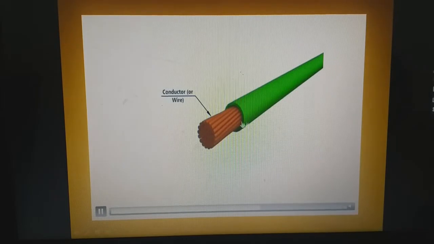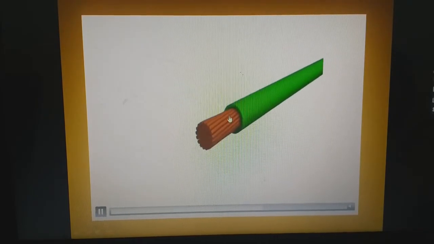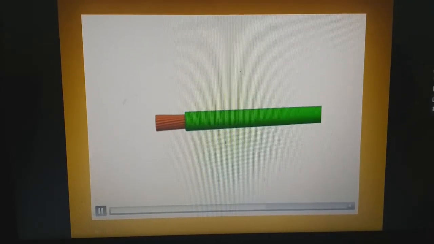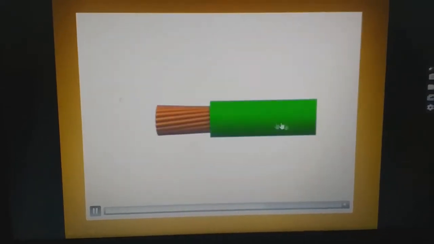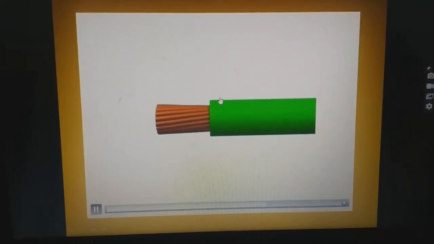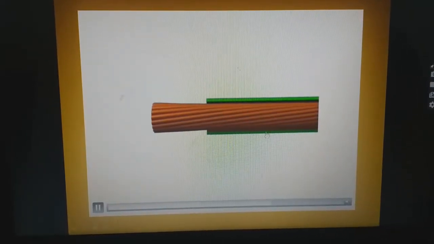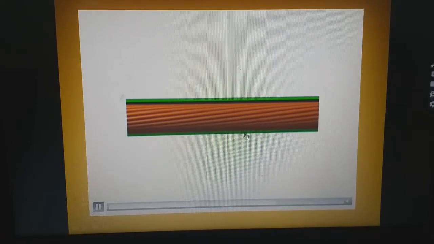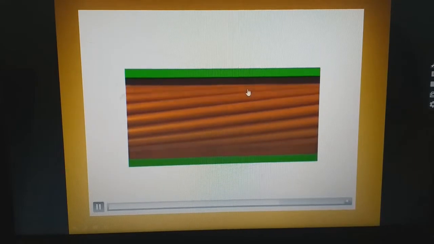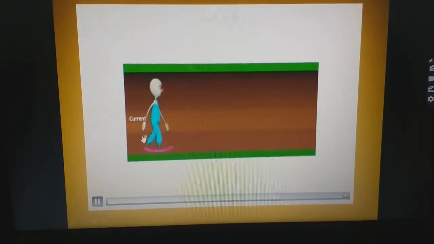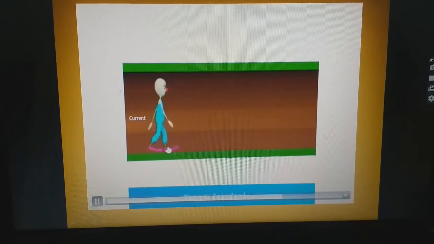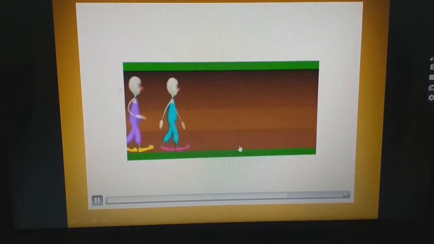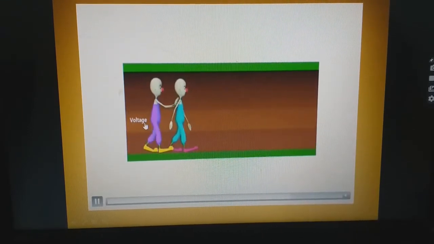Alright, let me consider here a conductor. Here is a conductor and it has some length, capital L, and this conductor permits charges to flow through it easily. So charges can move easily through all conductors if voltage is provided.